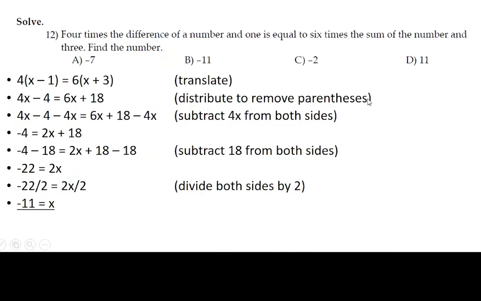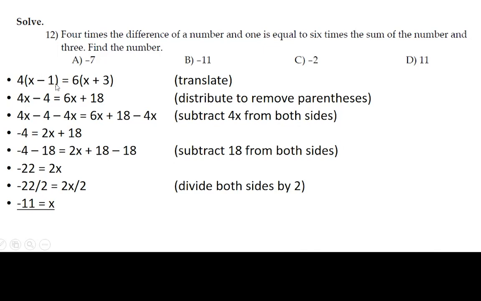Number 12. We have a word problem that we have to translate and then solve. 4 times the difference of a number and 1 is equal to 6 times the sum of the number and 3. Find the number. So when we translate, we have 4 times the difference, subtraction inside parentheses, the difference of a number and 1.